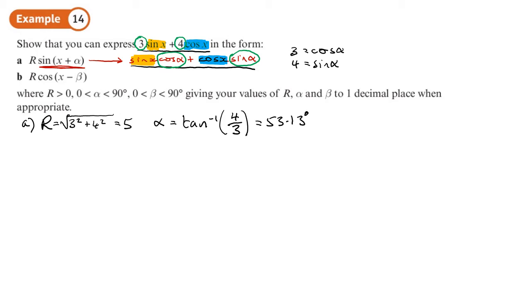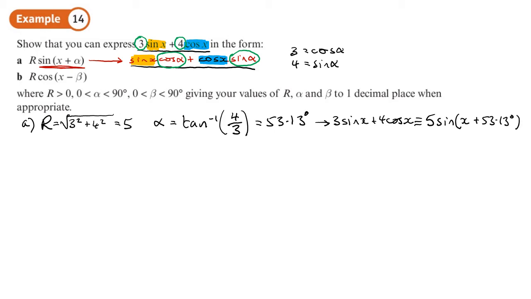Now what does that mean? That means that 3 sin x plus 4 cos x is exactly the same as 5 sin x plus 53.13. Now I've rounded it.